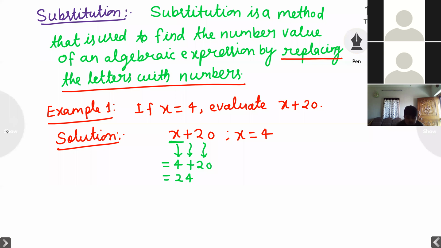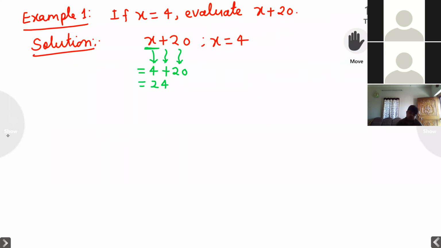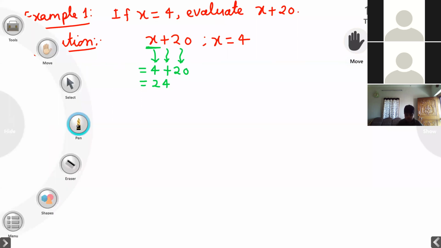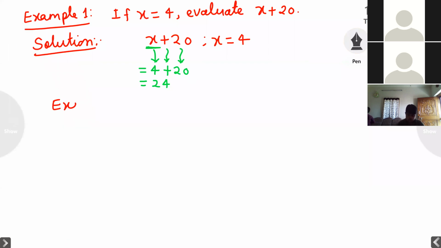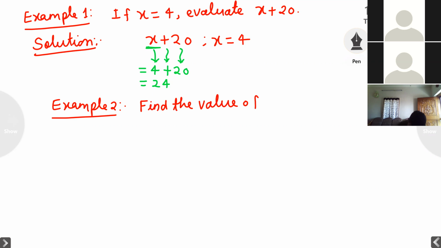Example 2. Find the value of 2x plus 5 if, first question, x is equal to 0, second question, x is equal to 2, and third question, x is equal to 5.